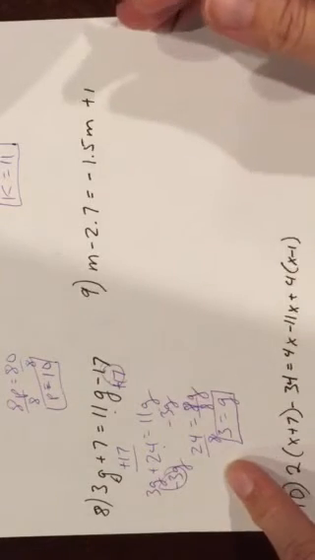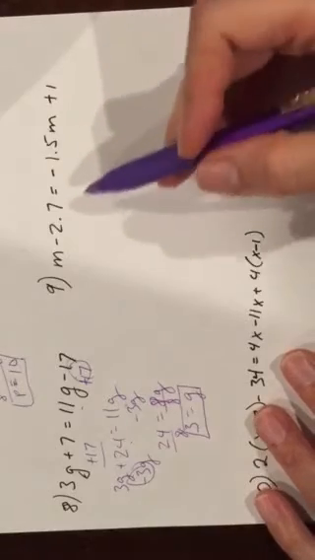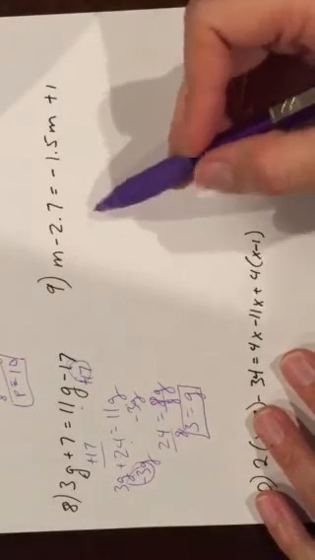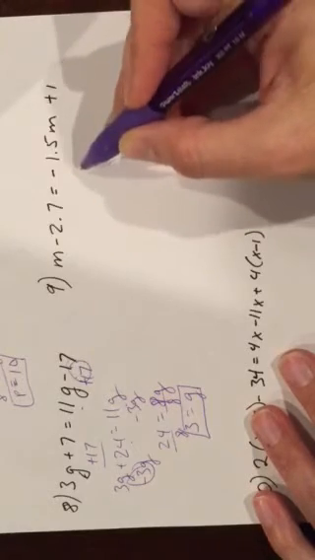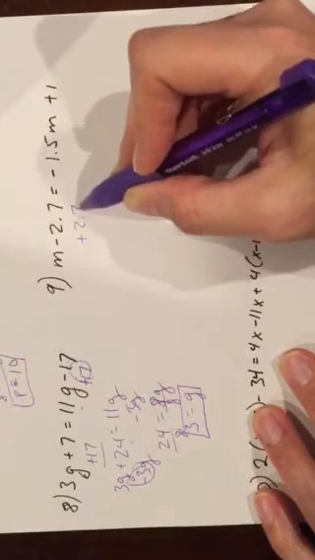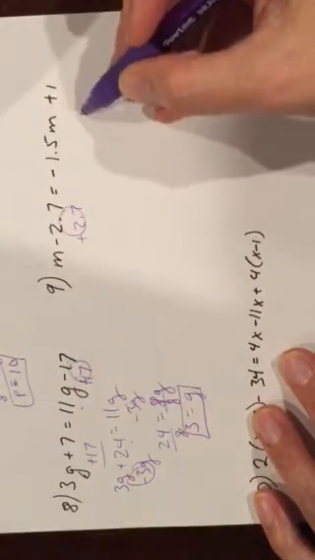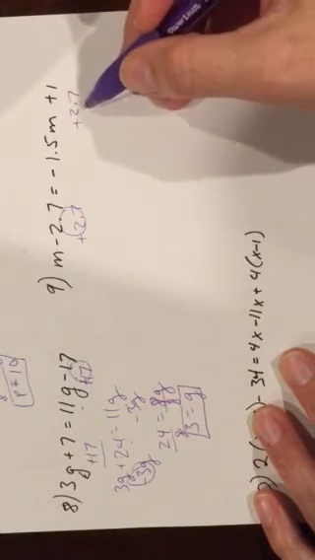Okay. And then number 9, we have to deal with some decimals here, which is pretty exciting. So let's go ahead and zero our constant first. So let's add 2.7 here plus 2.7. Then I'm just dealing with positive numbers.